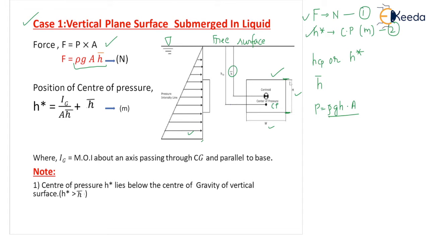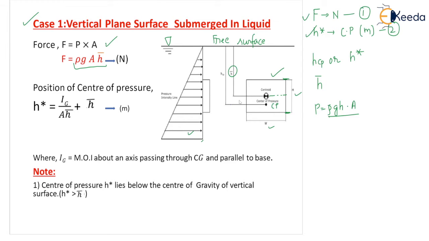So we cannot take the maximum depth or minimum depth, but instead we are taking an average depth. What is average? Average is lying at the Cg, correct? So we are always trying to take the average distance. That is why we are taking the Cg distance, number 1. Second point is that since this is a regular surface and all the mass is concentrated at the center of gravity, that's why we are taking the point at the center, and we are taking it as h bar.